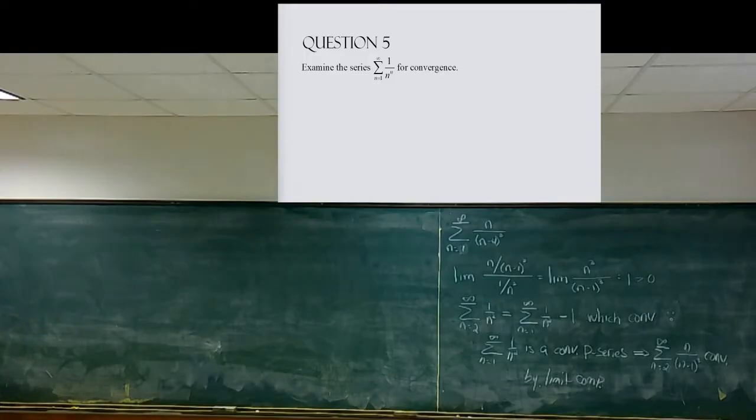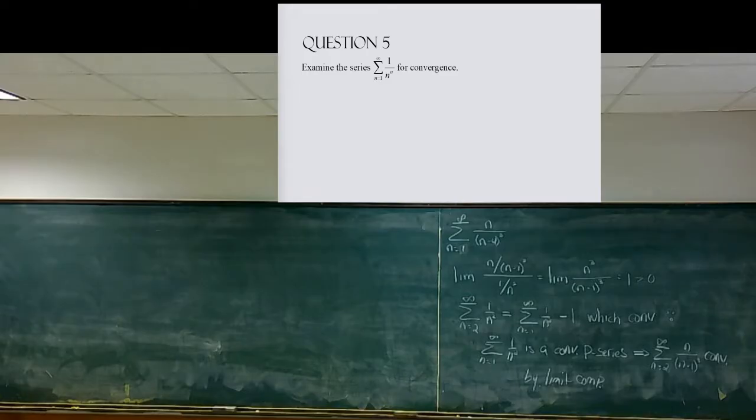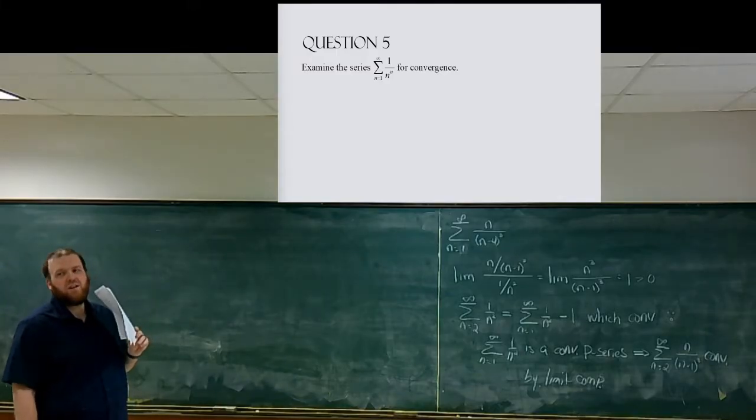So what about here? One over n to the n. So there are two paths we can go down here.